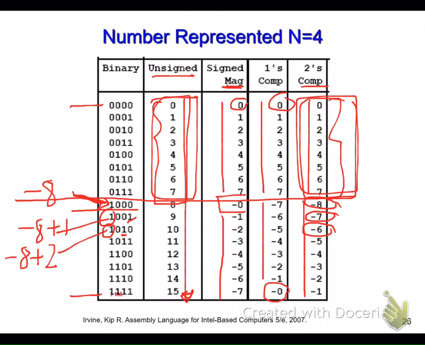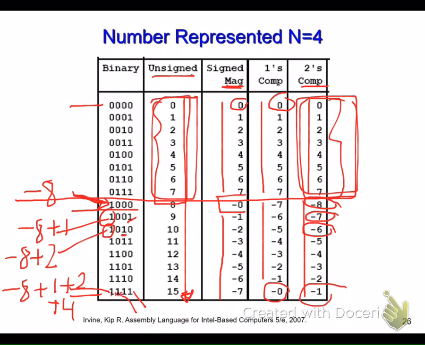And so on and so forth. Okay? If you go to this one, it is minus 8 plus 1 plus 2 plus 4. It will give you minus 1. And so on and so forth.